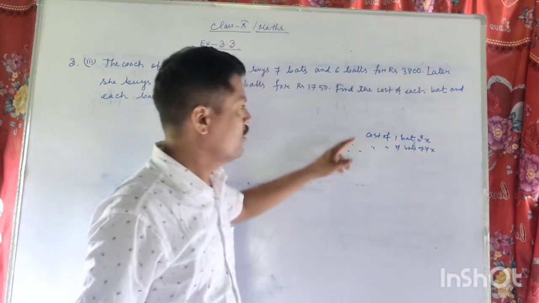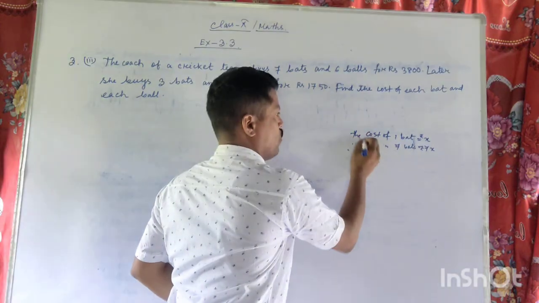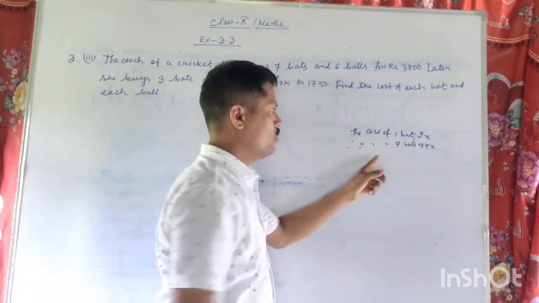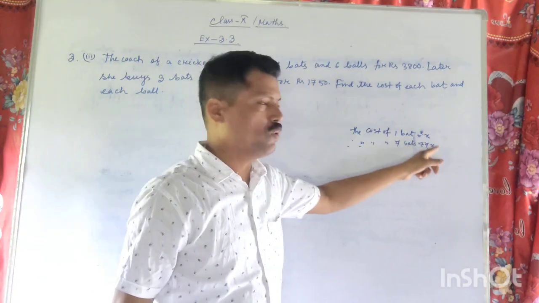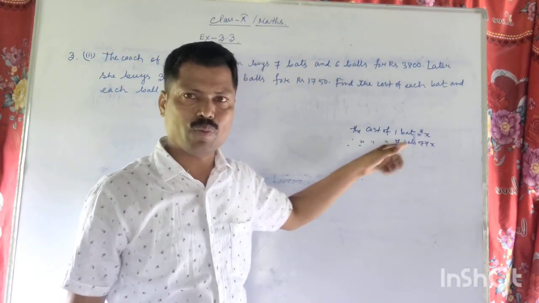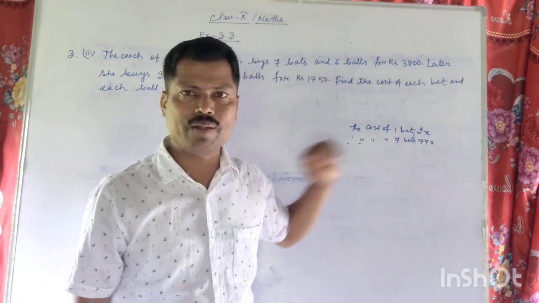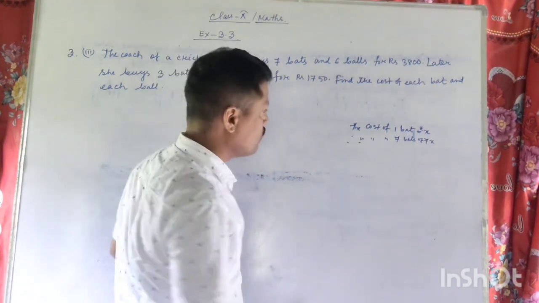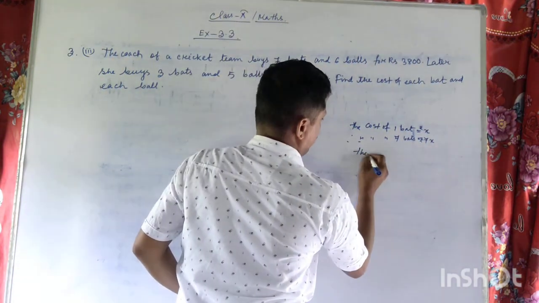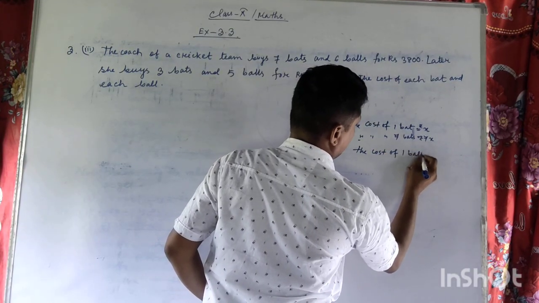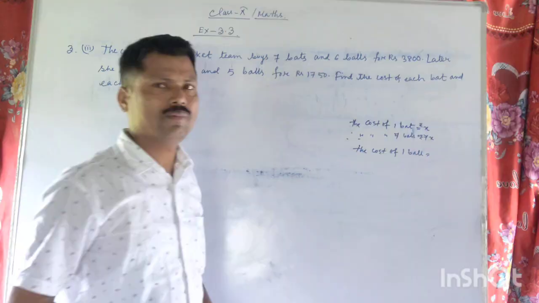So we got here the cost of 1 bat is rupees x. Therefore, the cost of 7 bats is 7 into x, because 7 is more than 1. So when we have to find 7 bats cost, at that time we have to multiply this. Next one, the cost of 1 ball is equal to what we have to take here? Y.